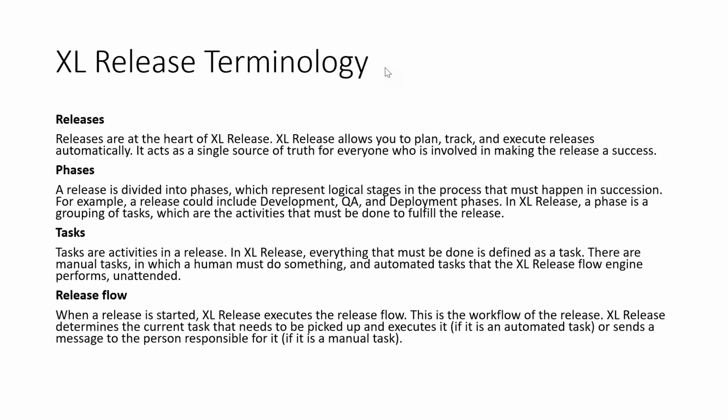Now tasks. I'll put it in a simple way. Tasks are nothing but, let's say, for development, what are the tasks you do? For QA, what are the tasks you do? For deployment to some environment, what are the tasks you do?